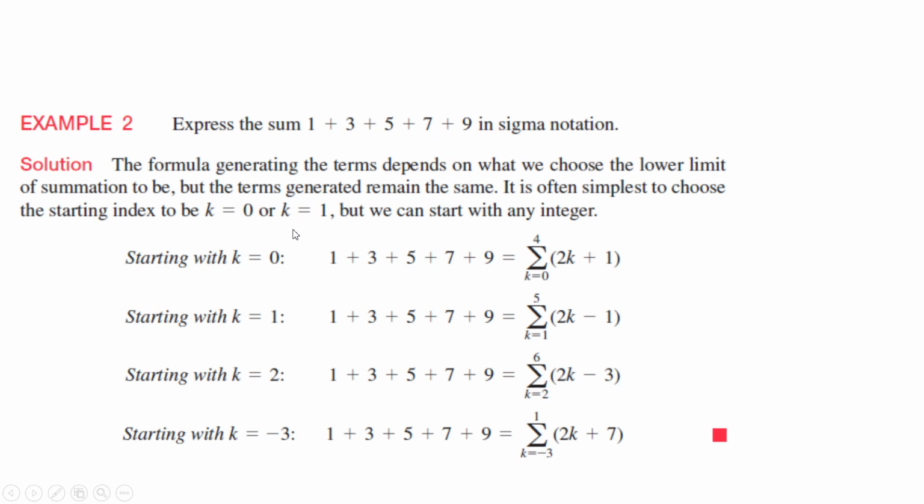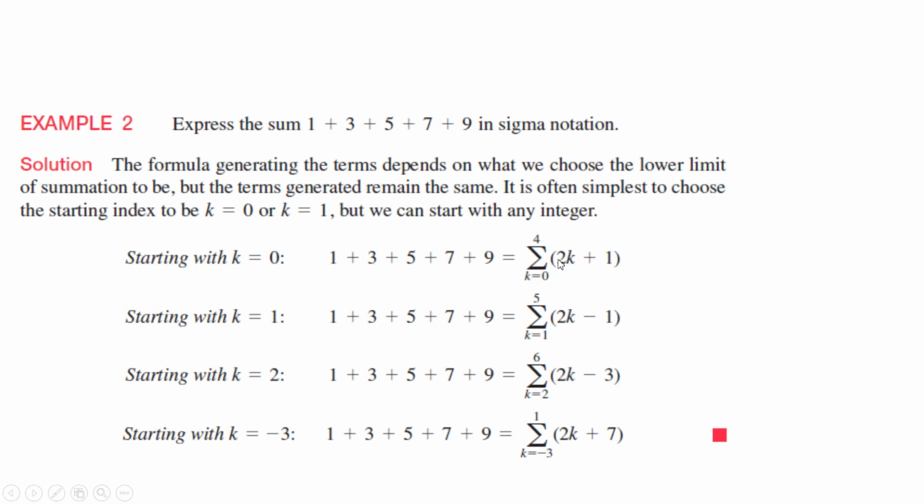Now we can start k from 0, we can start k from 1, we can start k from any integer. So there are different starting values of k, and of course for every starting value of k, we will have a different formula. Formula will not remain same. The purpose is to get all these terms using this sigma notation.